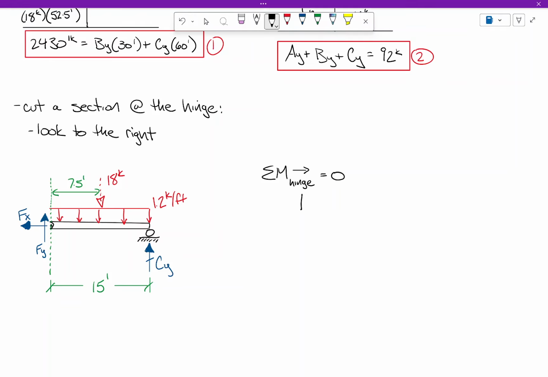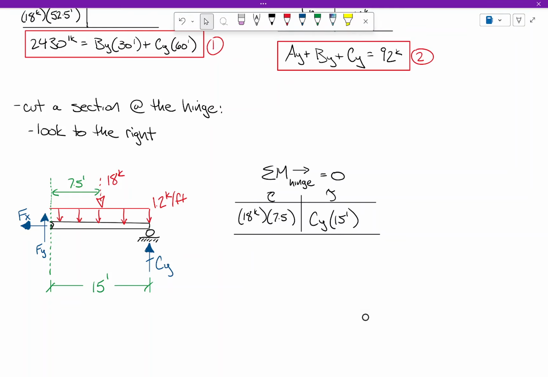And so what do we got? 18 times 7.5 must be counterbalanced by something times 15. So that's 18 times 7.5, that's 135.